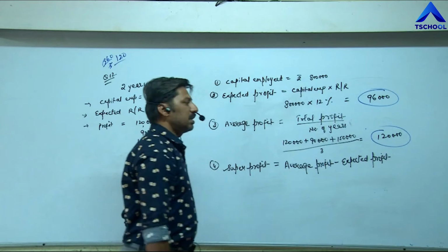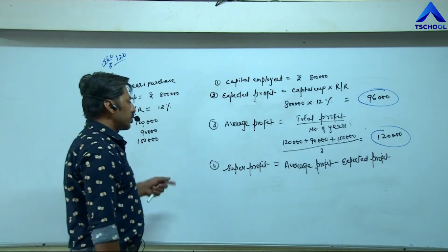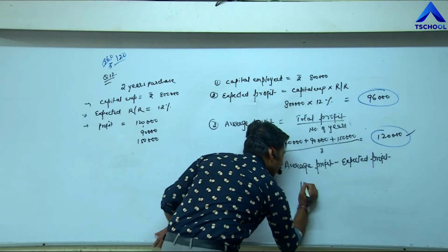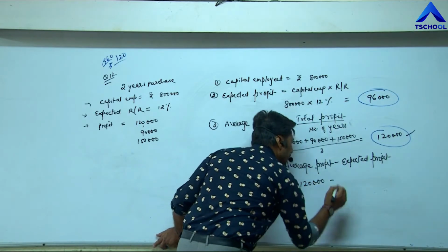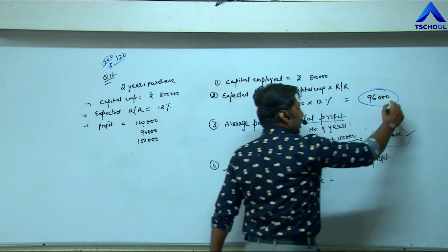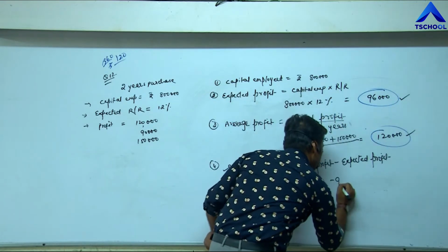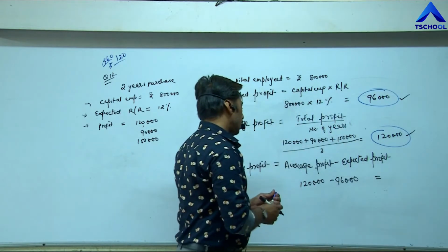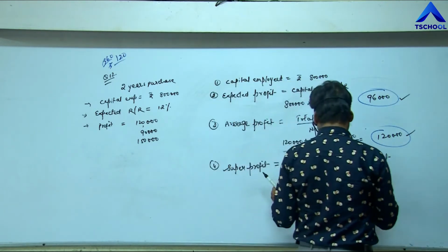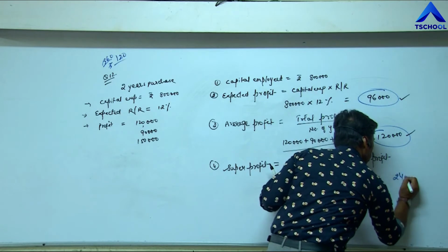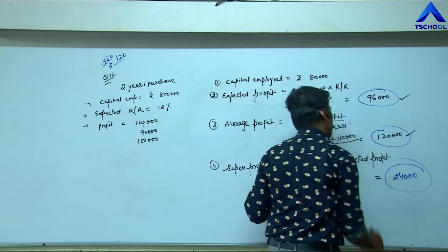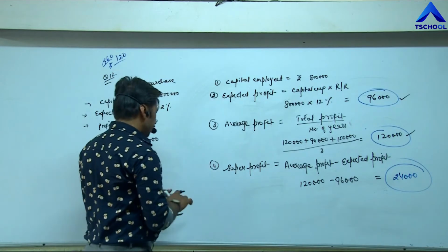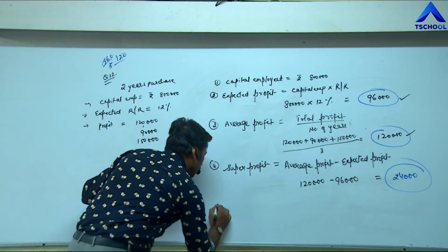Now in this question, average profit is 1,20,000 minus expected profit 96,000 is equal to 24,000. So super profit is 24,000.